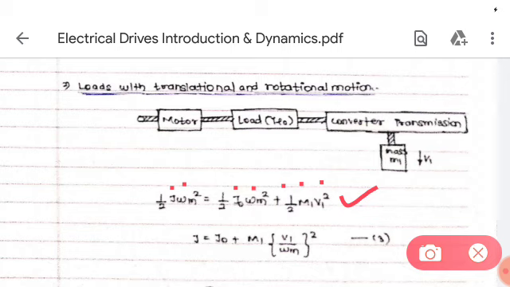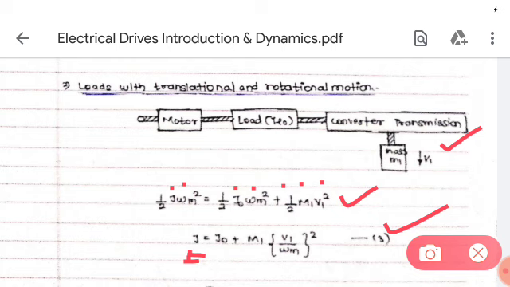Again, here we cannot eliminate any quantity, so just rearranging the terms and writing the equation. J equals J0 plus m1 into bracket v1 by omega m bracket square. So this is the equivalent inertia when there is a translational motion load connected to the motor.